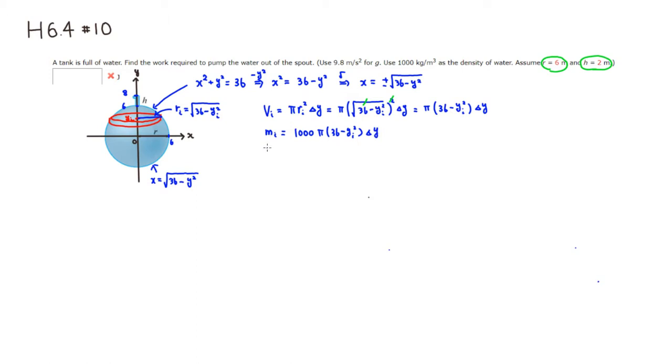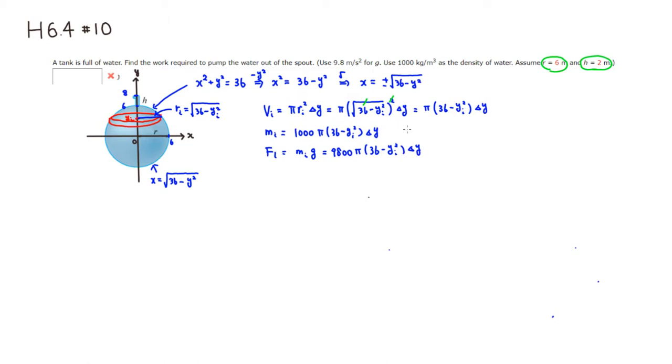Then we can turn it into a force. Force is mass times acceleration, so you just have to do mi times g. g is 9.8, so I'm going to incorporate it with 1,000. So you have 9,800 pi times 36 minus yi squared delta y. That's the force.